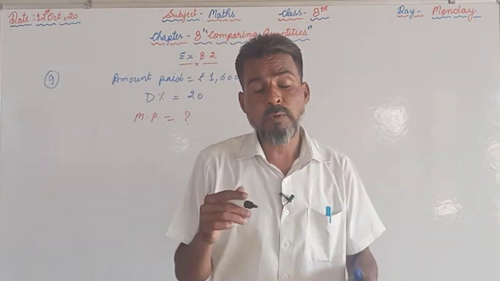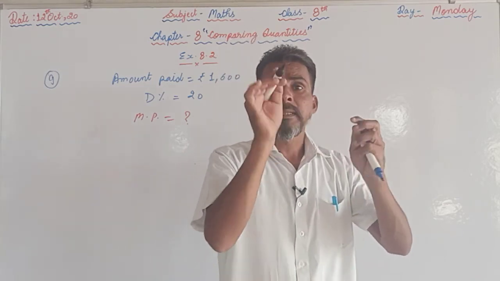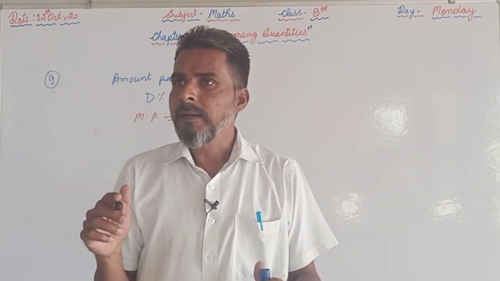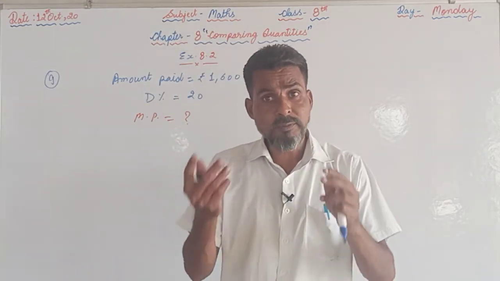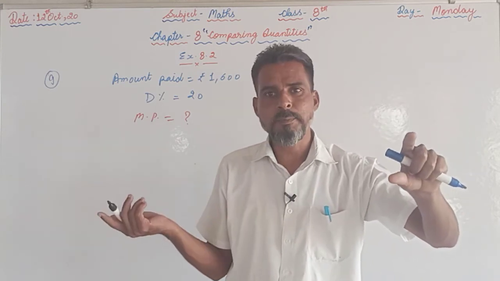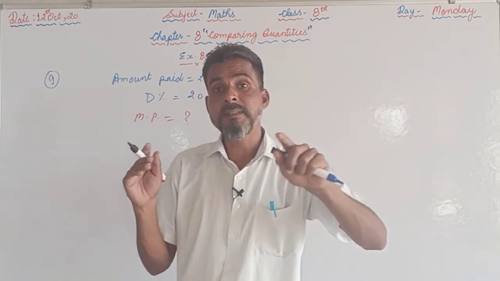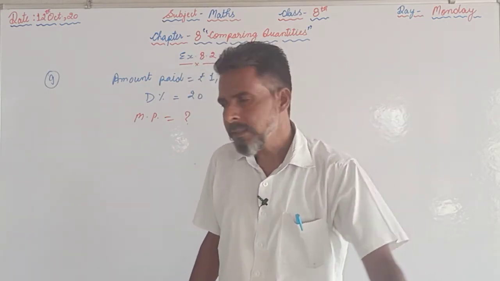As we go for shopping, we can see the tags on different items on which the amount is written, and some shopkeepers provide you a discount. How much discount depends on the tag, how much is written there and how much discount he is providing. If he is providing 10%, then he will deduct 10% from that MP, the marked price.